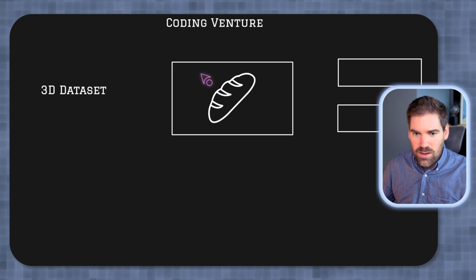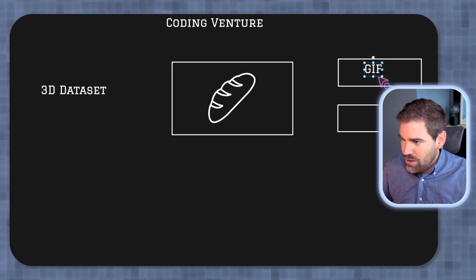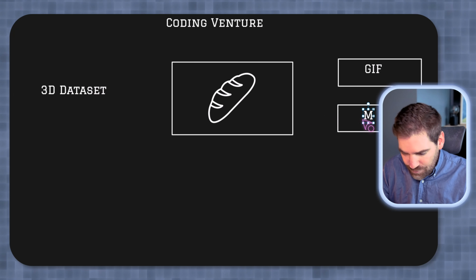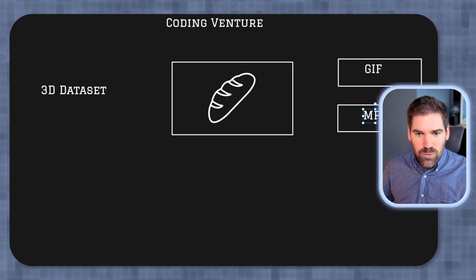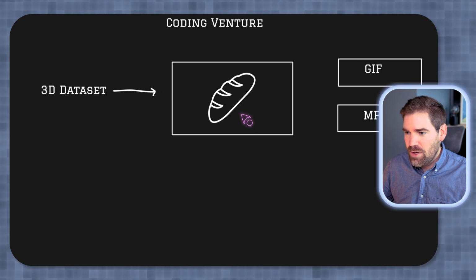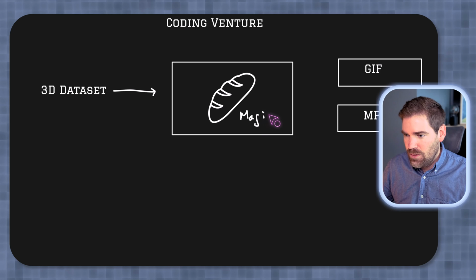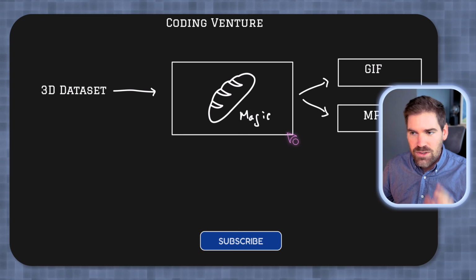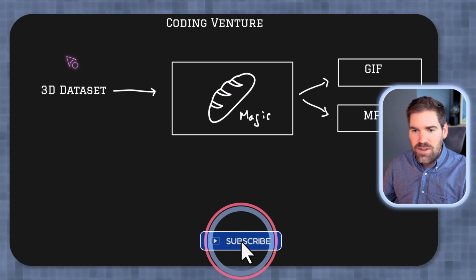So let's generate a GIF and after that an MP4. And the process will be very simple. The 3D dataset will go there. We'll do the magic here, magic. Okay, and we'll push out a GIF and an MP4. So this is the high level view of things, right?